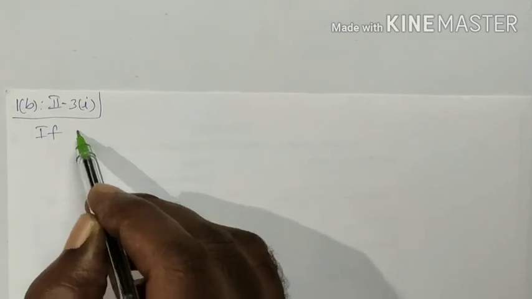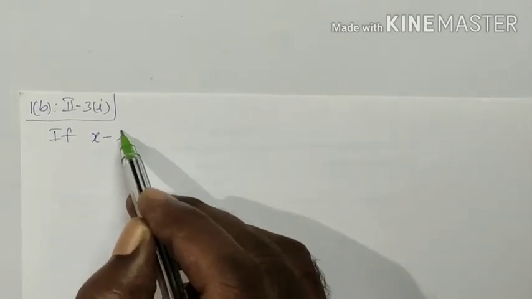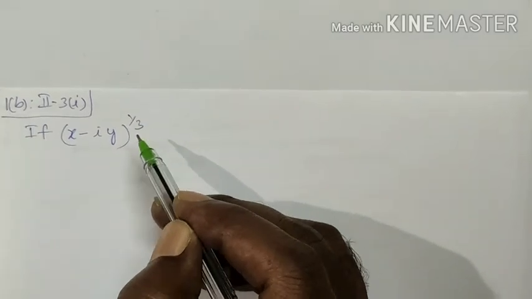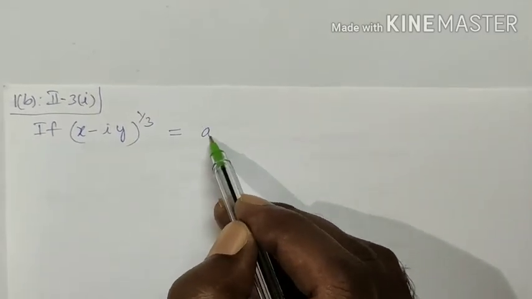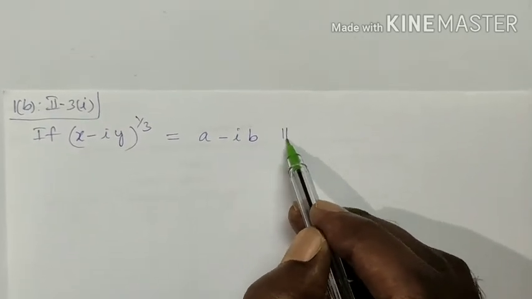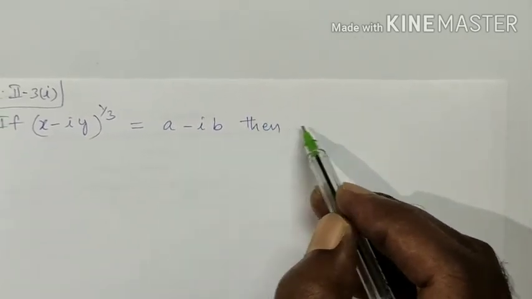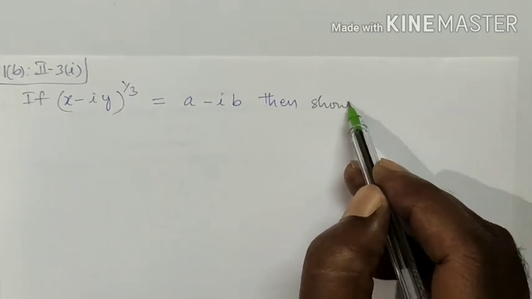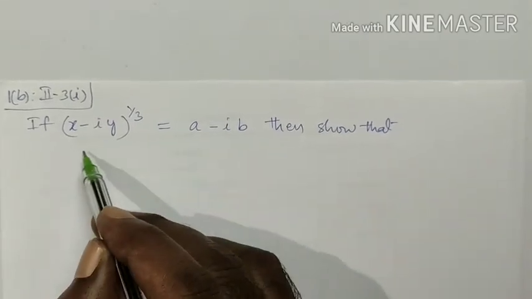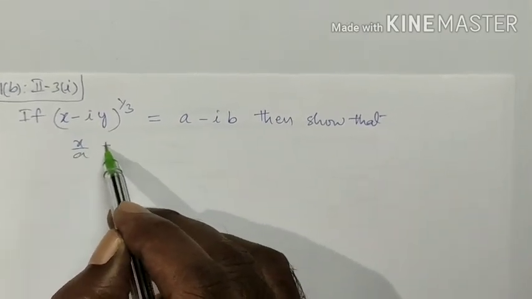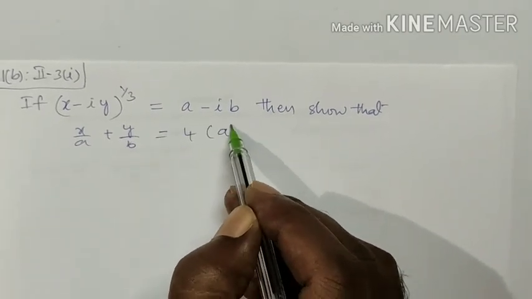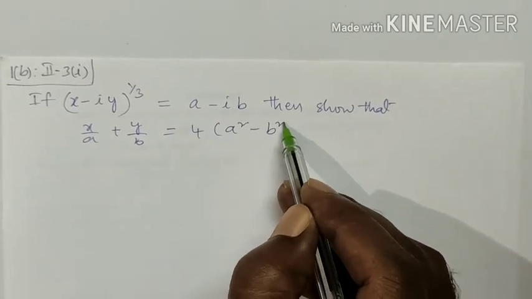If (x minus iy) whole power 1 by 3 is equal to a minus ib, then show that x by a plus y by b is equal to 4 into (a square minus b square).